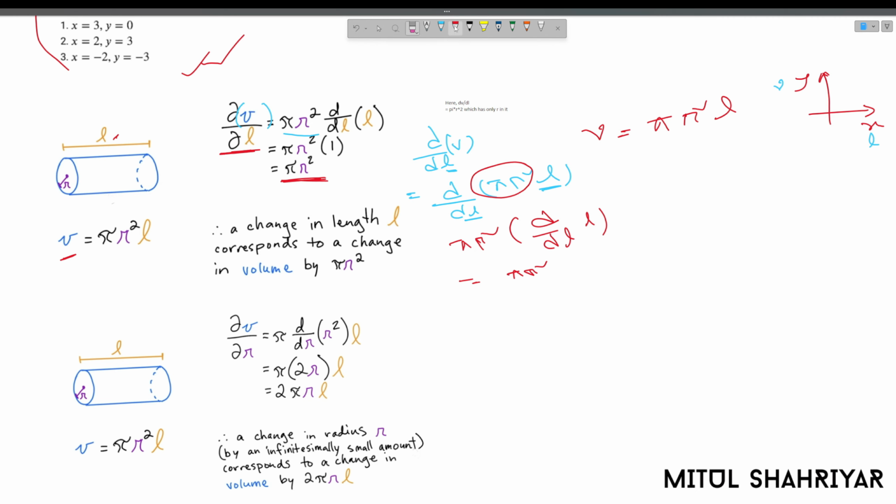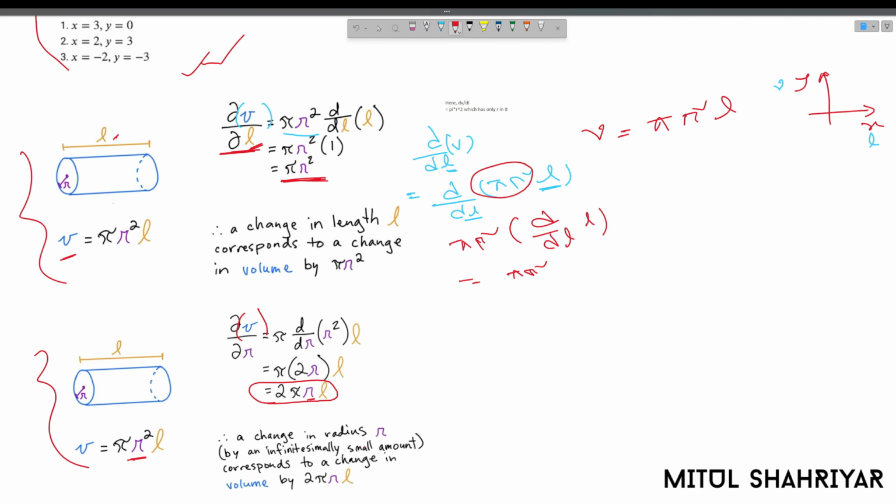When someone asks, hey, if I want to make any changes to the radius, how will that impact the volume? This time we made the change to L, right? This time if we make any changes to R, you see dV/dR. To do that, we get 2 pi rL. Here you see, when we did the differentiation for L, dV/dL, we got pi r square, where we didn't have any L. But when we are doing it for R, we are getting R as well: 2 pi rL.